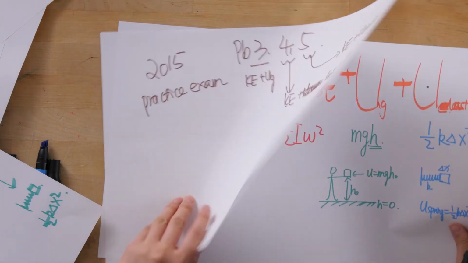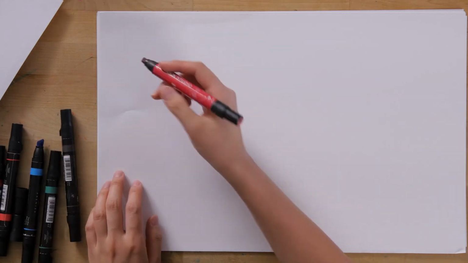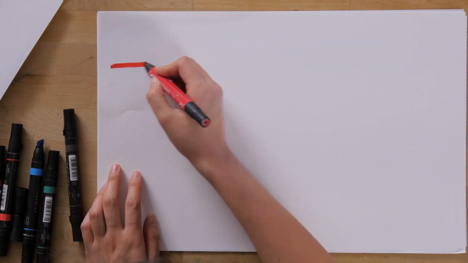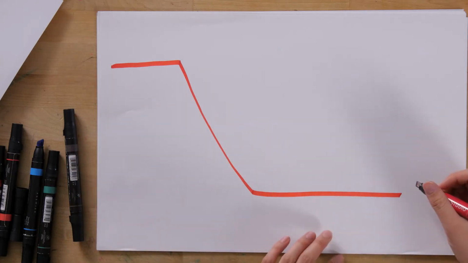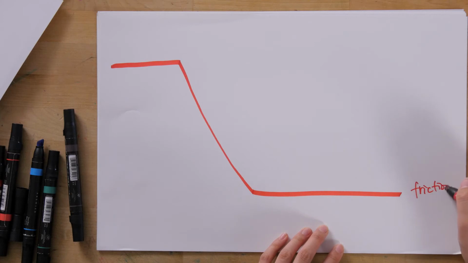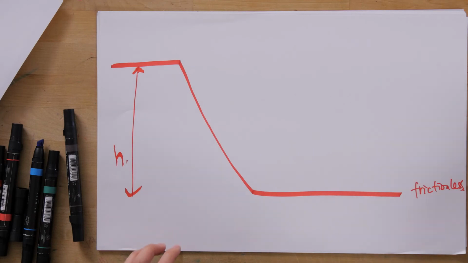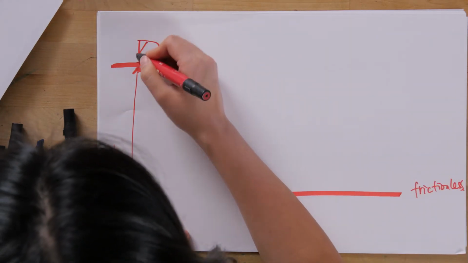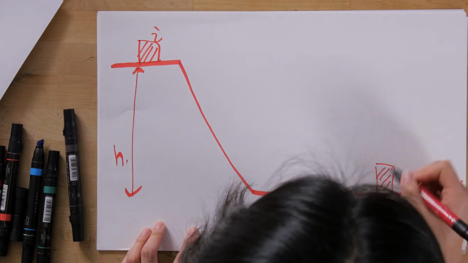I can do a quick example to introduce when you need to use what kind of energy conservation. Now if we have a slope where all the surfaces have no friction, and at height h we have an object initially here and finally here.